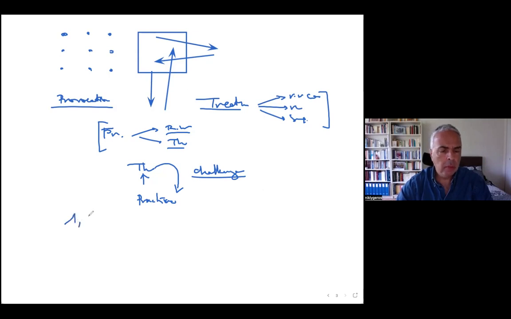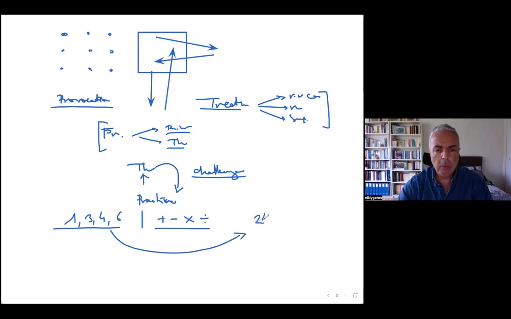So you have the numbers 1, 3, 4, and 6, only that. Okay? You can use, of course, plus, minus, all the classical operations, okay? And from those numbers, you want to get 24. That's all. So imagine now how many minutes you will try this problem.